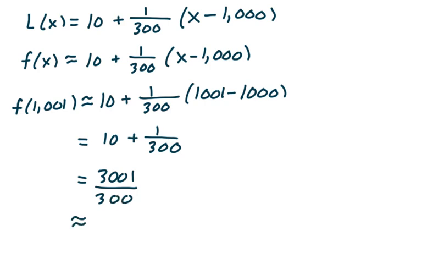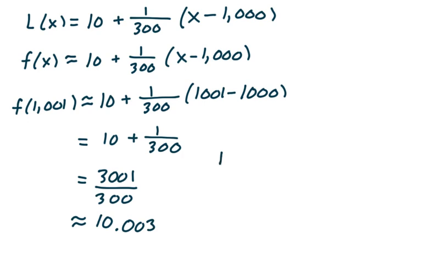Now, let's check out what this is approximately. If I take 3001 and I divide it by 300, that's going to be approximately 10.003.